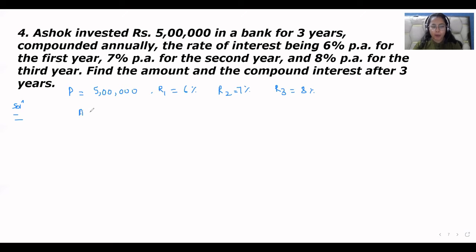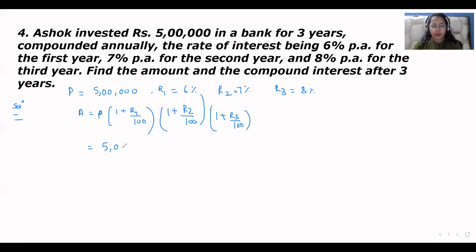So our formula for amount is principal times 1 plus rate 1 over 100, times 1 plus rate 2 over 100, and times 1 plus rate 3 over 100.